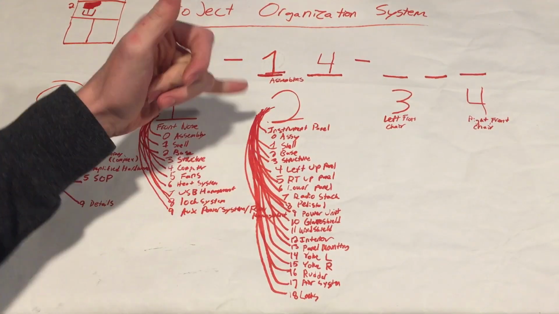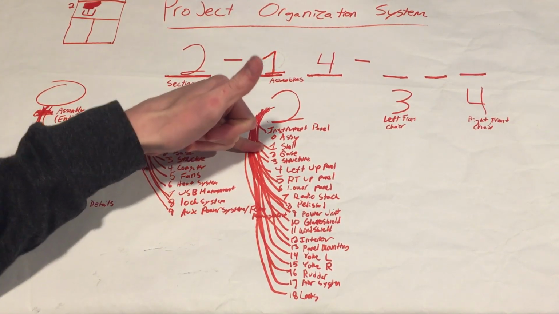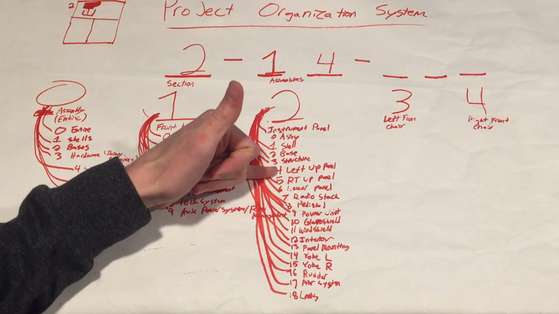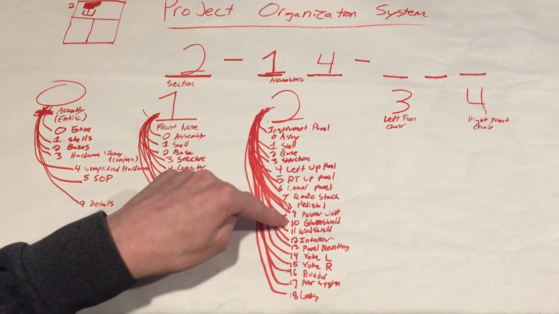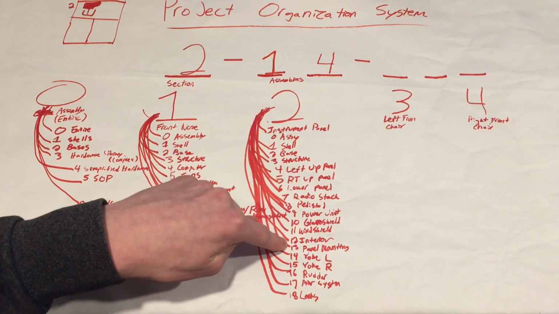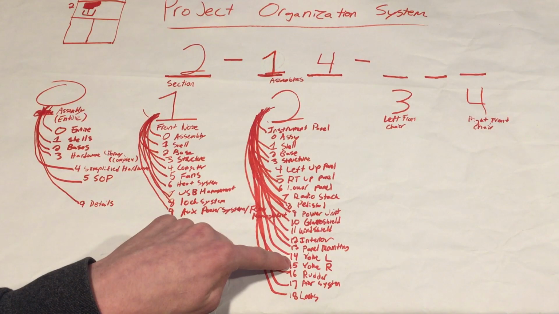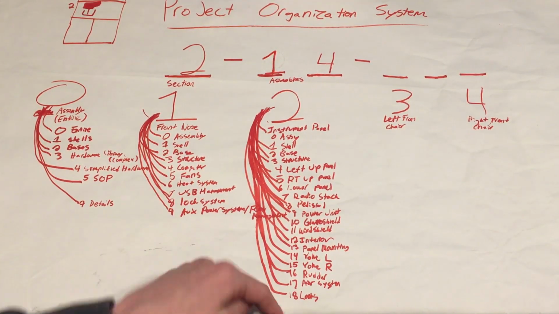Section 2 contains the instrument panel, the assembly, the shell, base, structure, left panel, right panel, lower panel, radio stack, pedestal, power unit, glare shield, windshield, interior, panel mounting, left yoke, right yoke, rudder, air system, and locks.